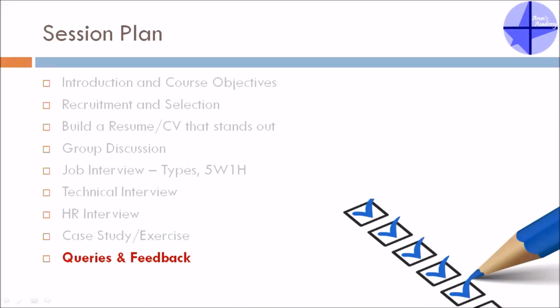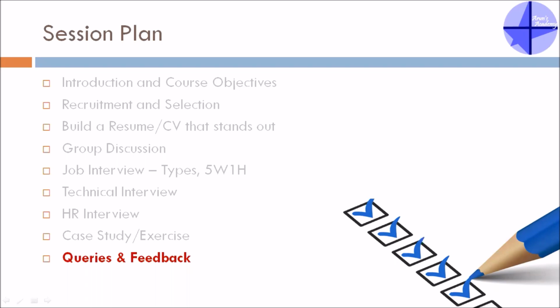We are now at the end of the course. Let me quickly summarize what all we learned till now. We started with introduction to the course and course objectives. We then understood what is recruitment, selection, and difference between these terms.